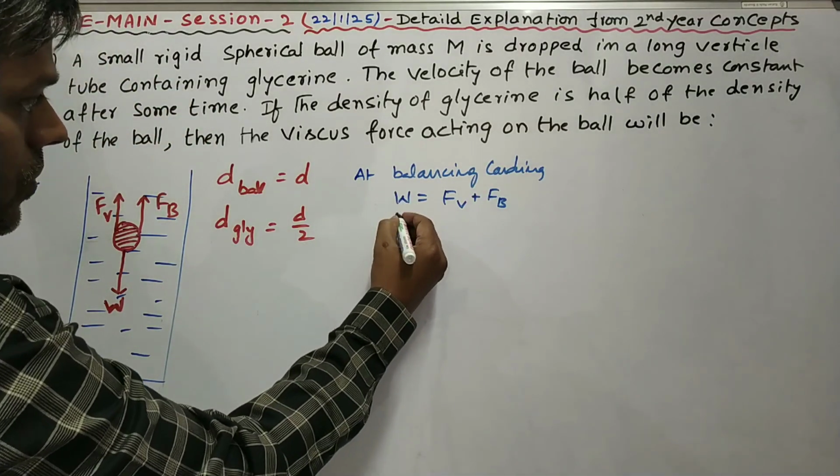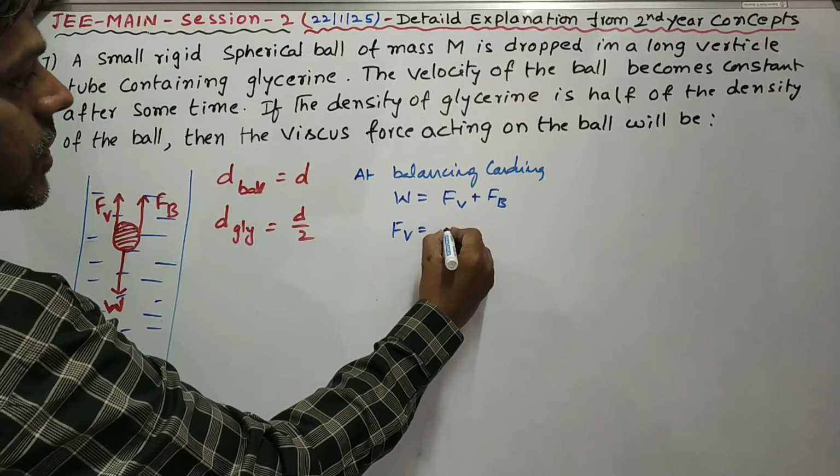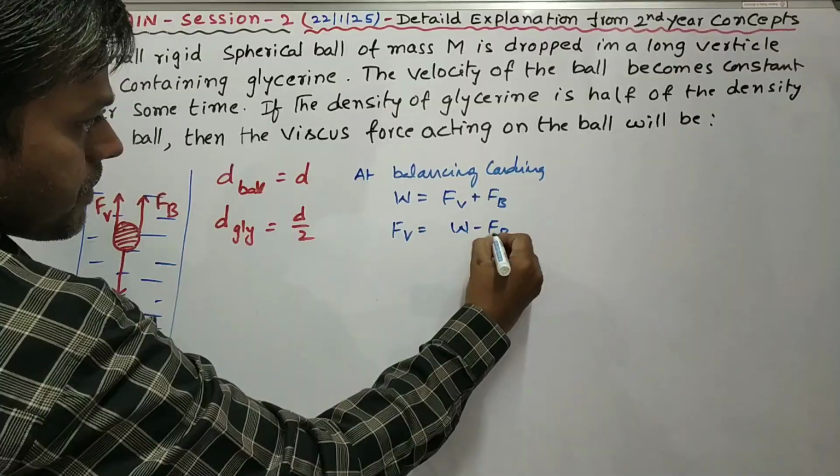So find the viscous force. Fv is equal to weight minus Fb.